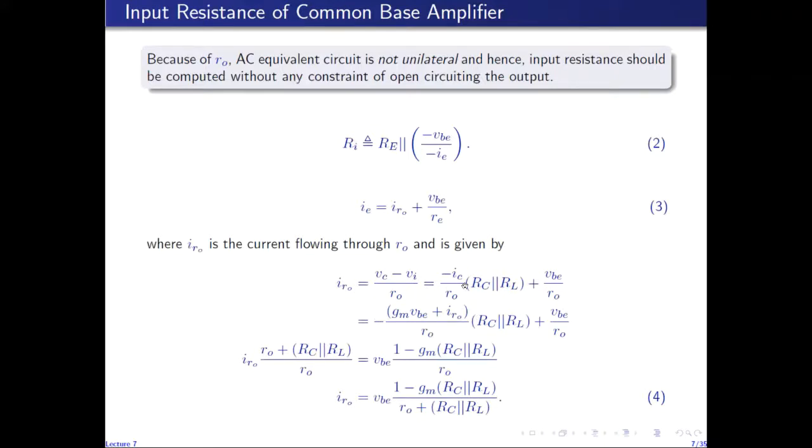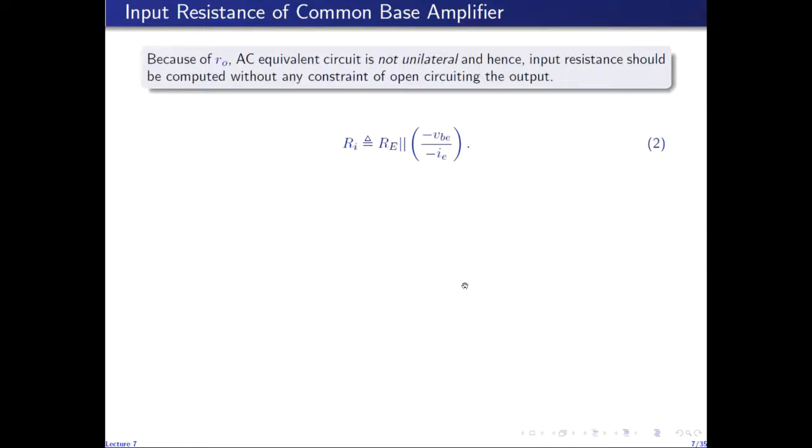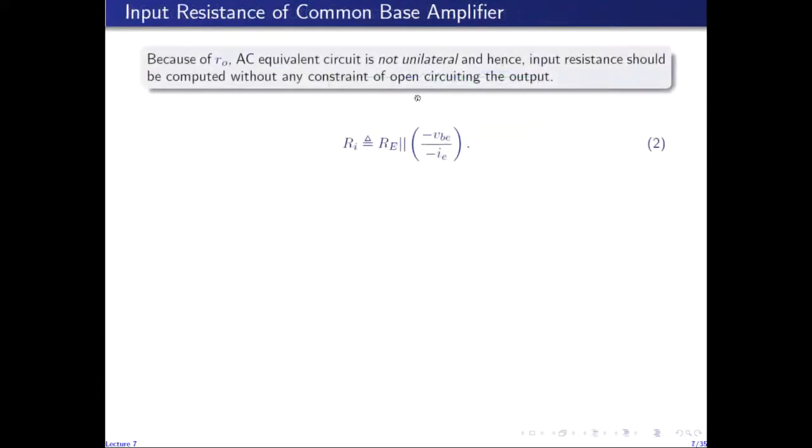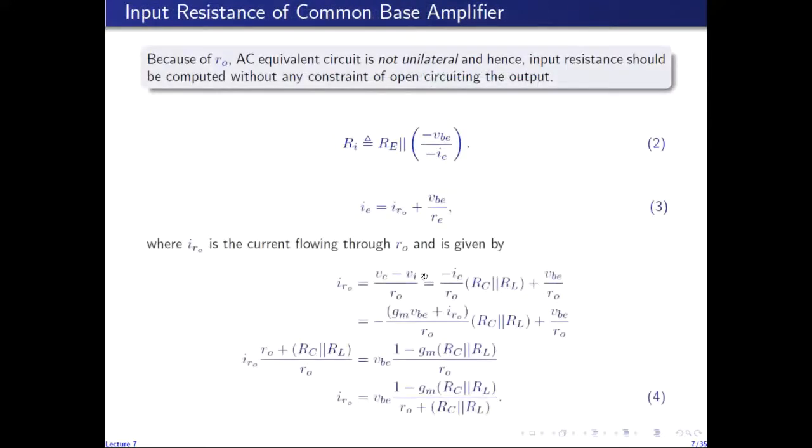IC is again the sum of two currents. So IC is actually equal to gm VBE plus IR naught. And I can take the terms corresponding to IR naught onto the left-hand side, solve, and this is what I get. So I get IR naught in terms of VBE.